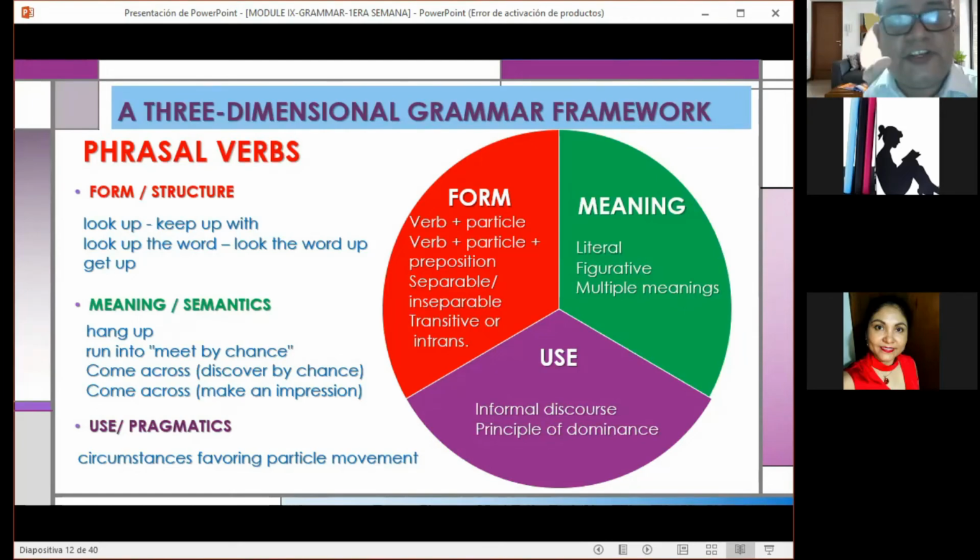So notice here, the three dimensions of grammar. When we talked about grammar, we talked about the form, meaning, and use. Remember, form, meaning, and use. This is the three-dimensional grammar framework.